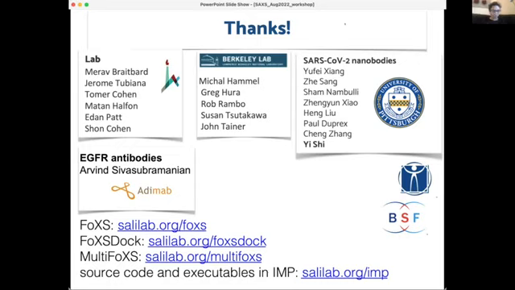I want to give you one more link. If you want to use docking with nanobodies and SAXS, I have a notebook. I'll put a link in Zoom here so that you can go over and use it.